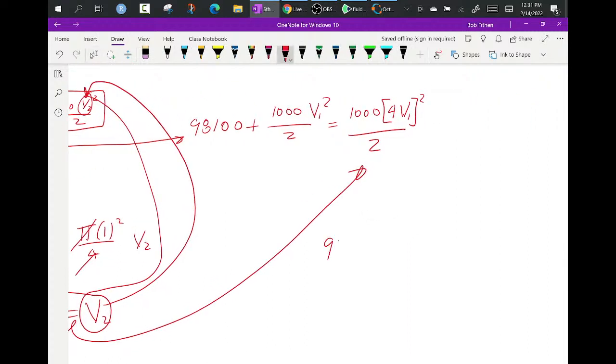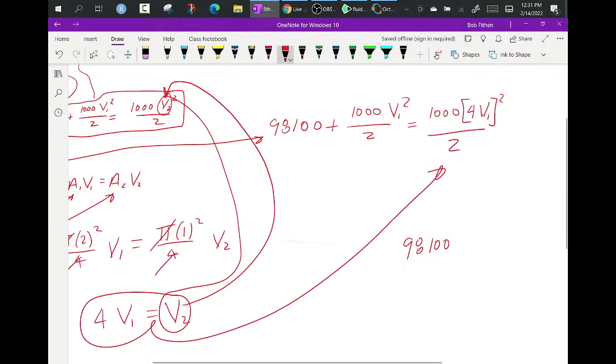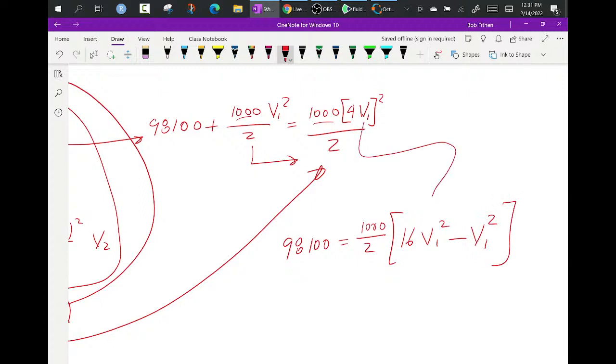Now my equation says 9,810 times 10 is 98,100. I can divide 1,000 out of all this, but I won't right now. Okay, so I'll move this to the other side. 1,000 over 2. 4 squared gives you 16. V1 squared minus V1 squared. That's because that gives you that, and that gives you that.